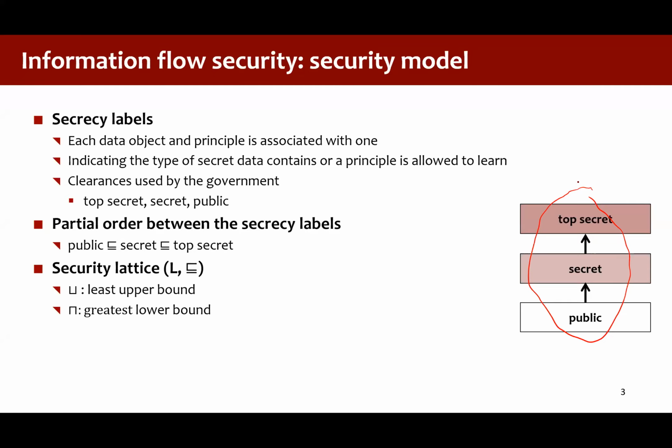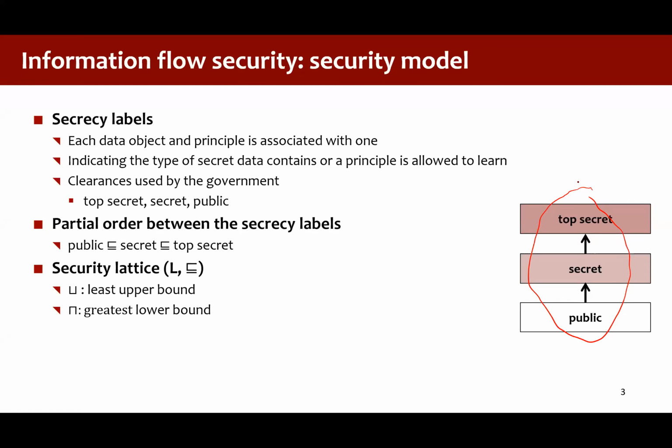And then we have operations on labels. So we have the join that computes the least upper bound. In the example on the right, if I try to take the join of secret and public, that will be secret. All right. The second operation is meet, that computes the greatest lower bound. Again, using the example, if I try to compute the meet of secret and public, that will be public. All right. So now I have a way of specifying my security policies.